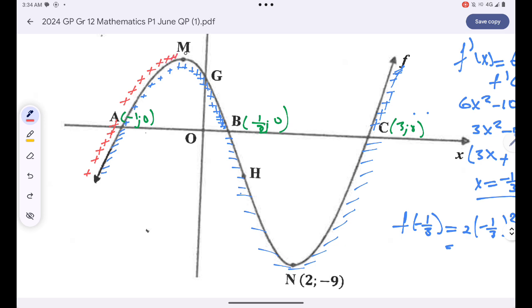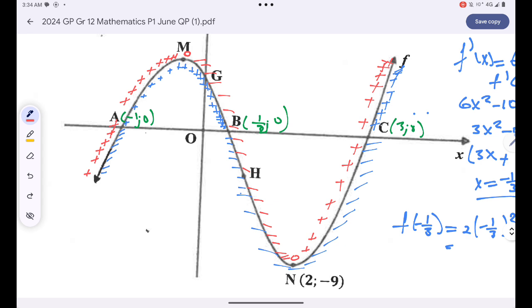At the turning point, the graph is stationary, so it's not increasing or decreasing. So it's 0. And then it starts decreasing. At the next turning point, it's stationary, and it will start increasing again.